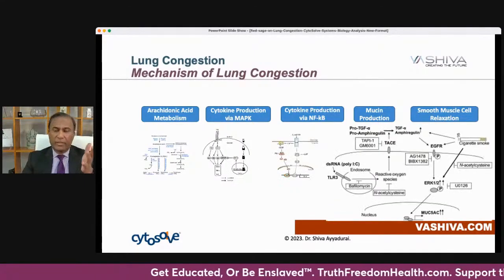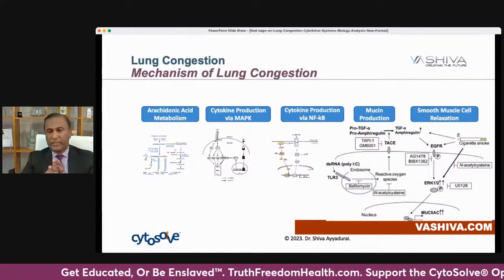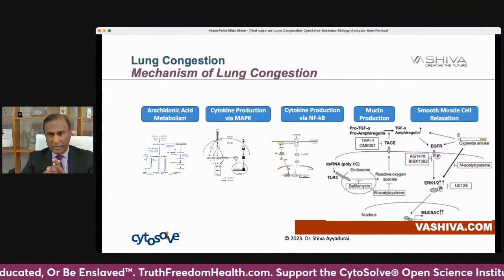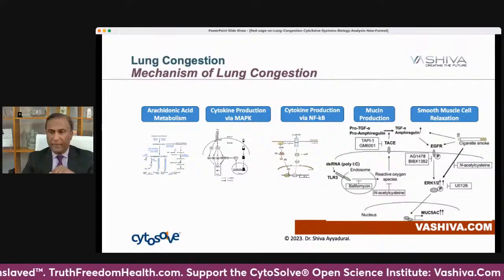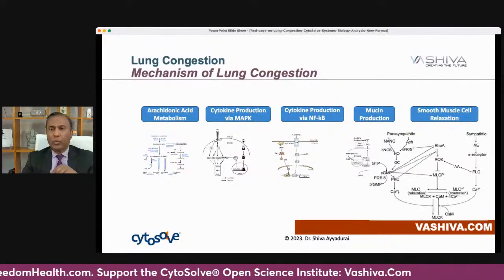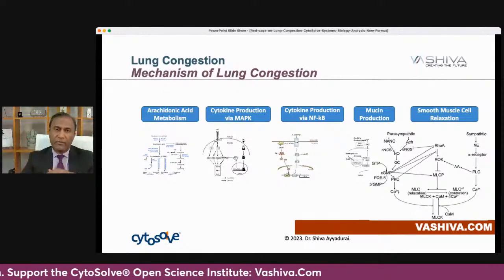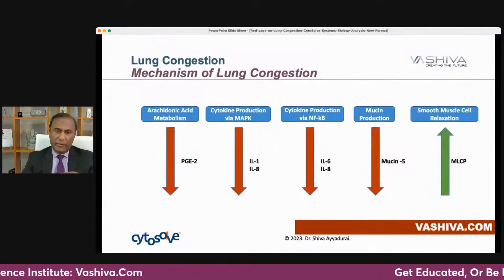Then you have mucin production, the reactions where your body starts producing mucus. In this case, we call it mucin. And finally, you want your muscles to relax. When you want to eliminate congestion, the smooth muscle relaxation pathways are involved.